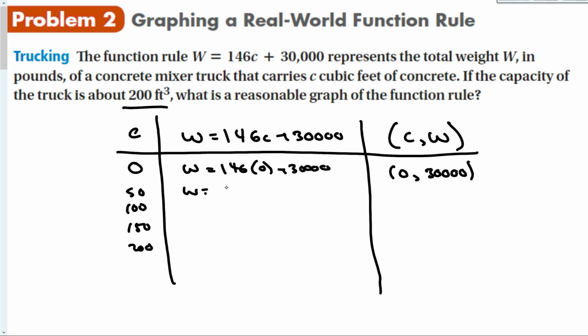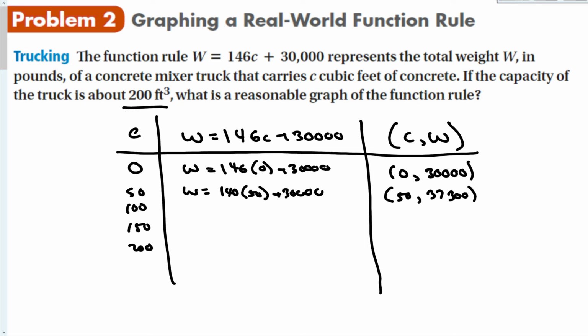So my equation would be 146 times 50 plus 30,000. When I use a calculator to get this answer, I get 37,300. So my input is 50, my output is 37,300. Now, did you have to pick these numbers?